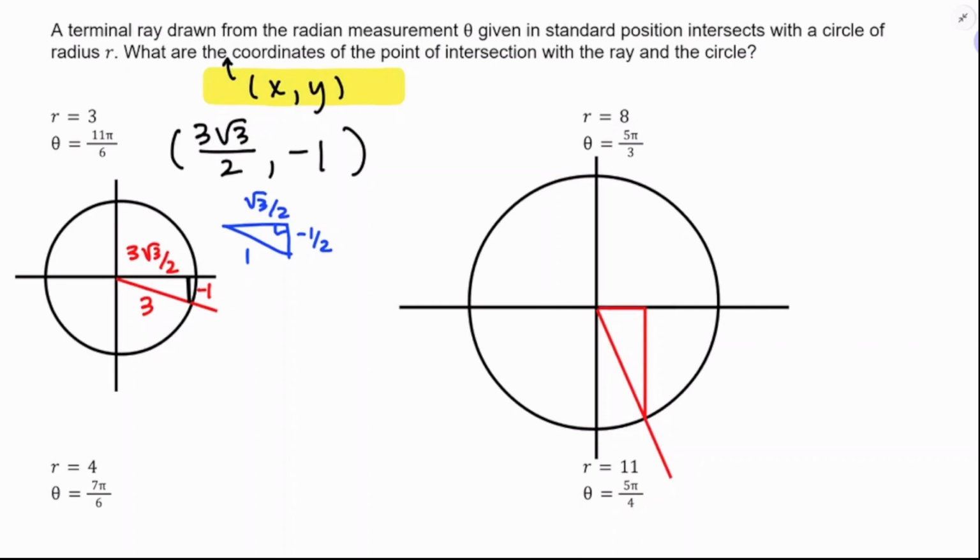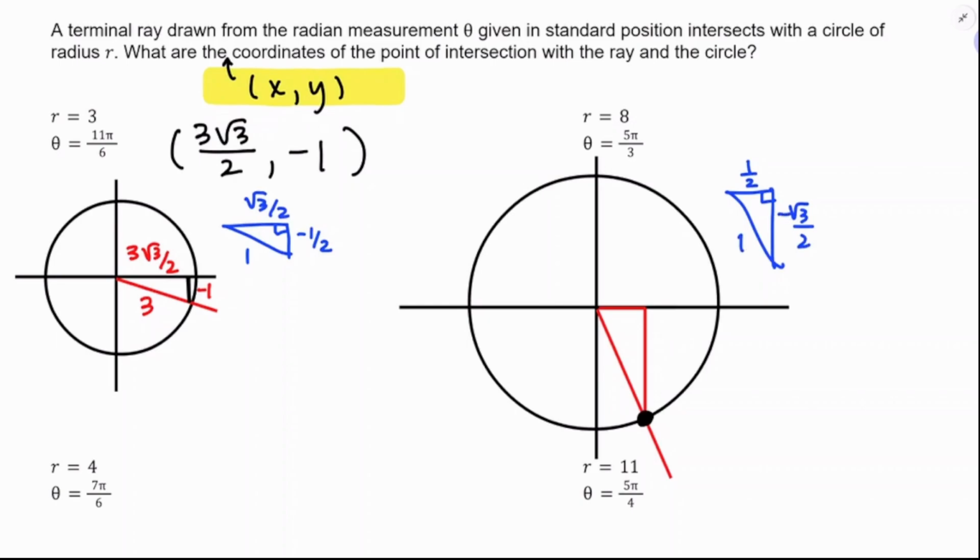All right, and so I'm just trying to figure out what the coordinates of that intersection point are right here. And so we'll use that unit circle trigonometry to figure that out. Copy in the unit circle triangle. Okay, that's going to be a half, root 3 over 2 and 1 down in the fourth quadrant.